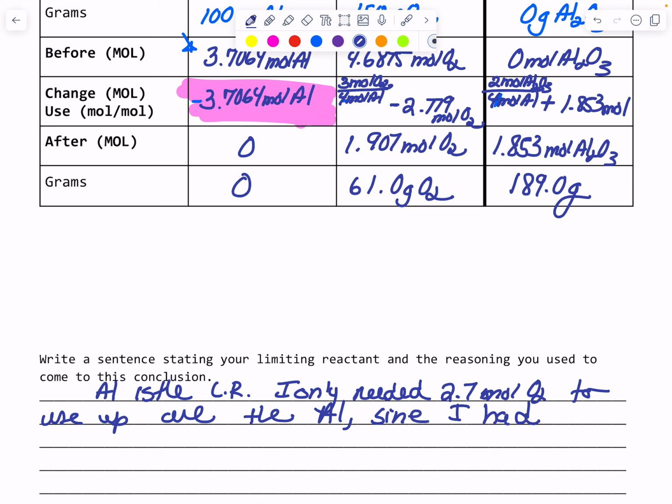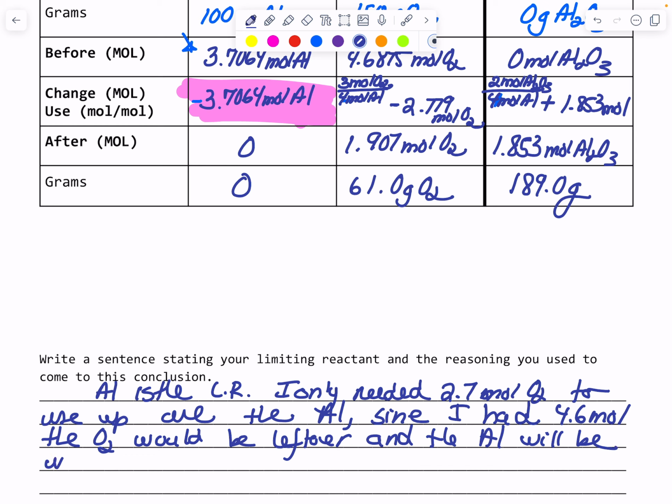Since I had more than that, right, 4.6 moles, the oxygen would be left over. And, of course, the aluminum will be used up, and thus is the limiting reactant.